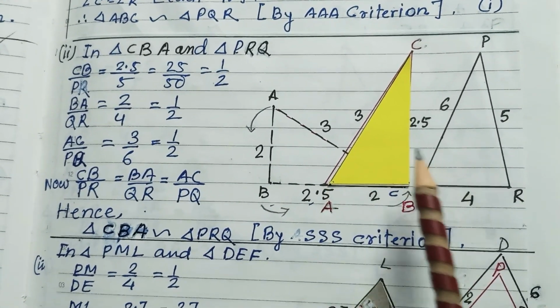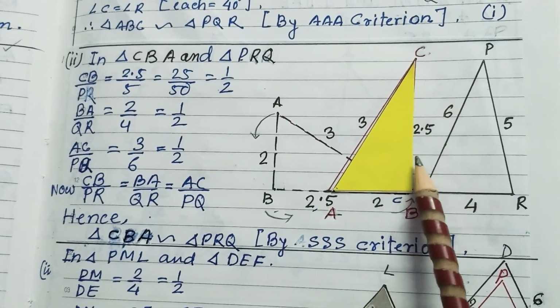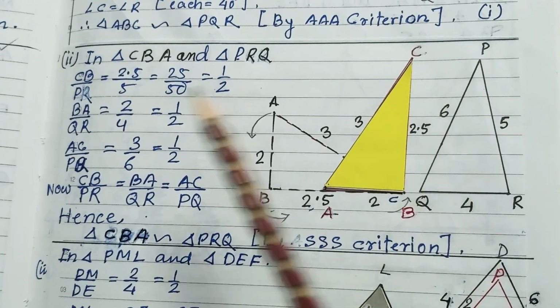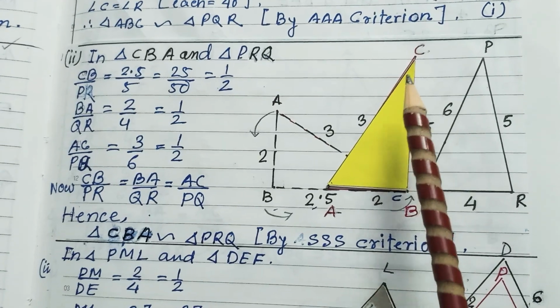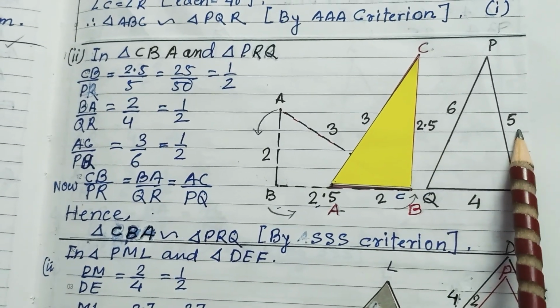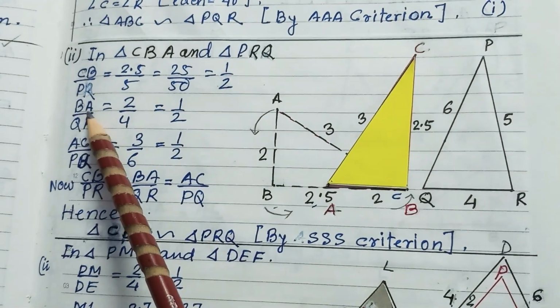Now you compare. This is CB upon PR. CB upon PR, 2.5 upon 5, it is 1 upon 2. Next is BA.